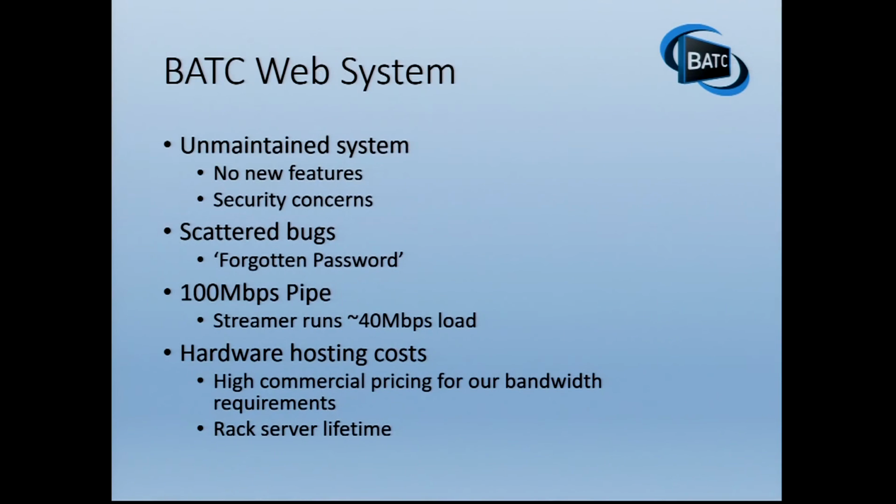The other thing is we've been looking around, in case we needed to move the hosting somewhere else, at the commercial pricing for racking the server unit that BATC owns and for getting the bandwidth that we use. Because we have constant video going through it, we accumulate many hundreds of gigabytes a month in total usage.